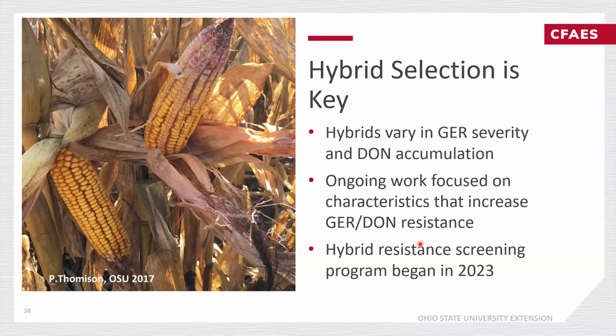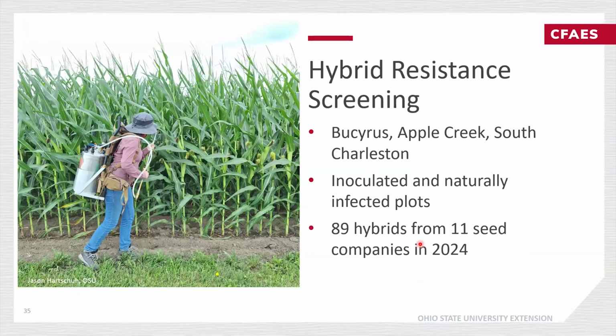And then we have 3 different locations: Bucyrus, Apple Creek, and South Charleston, where we have plots that are inoculated. So here you can see a backpack sprayer inoculating at the silks of that corn plant to increase our disease levels. And then we also have naturally infected plots for those hybrids.